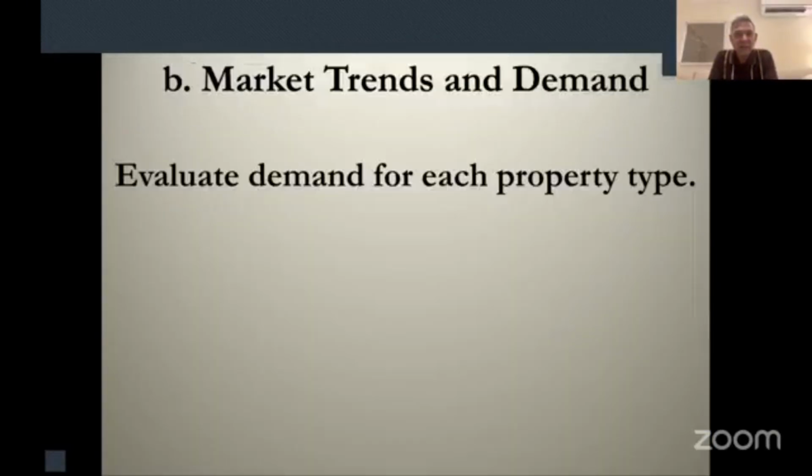Next slide, please. So we now go to market trends and demand. We always evaluate the demand for every property type. With just the 4 years that I'm looking at, which is pre-pandemic, pandemic, and post-pandemic, so many things have happened in 4 years.